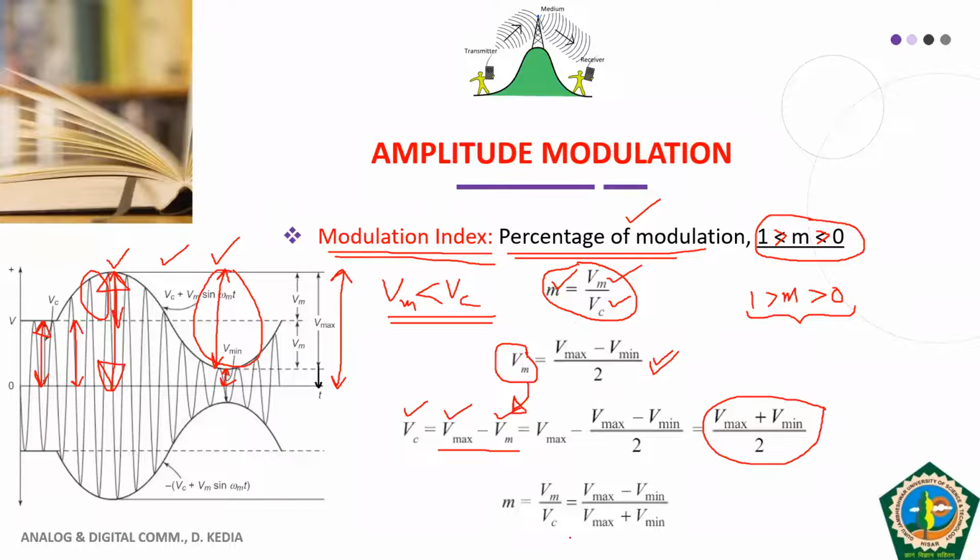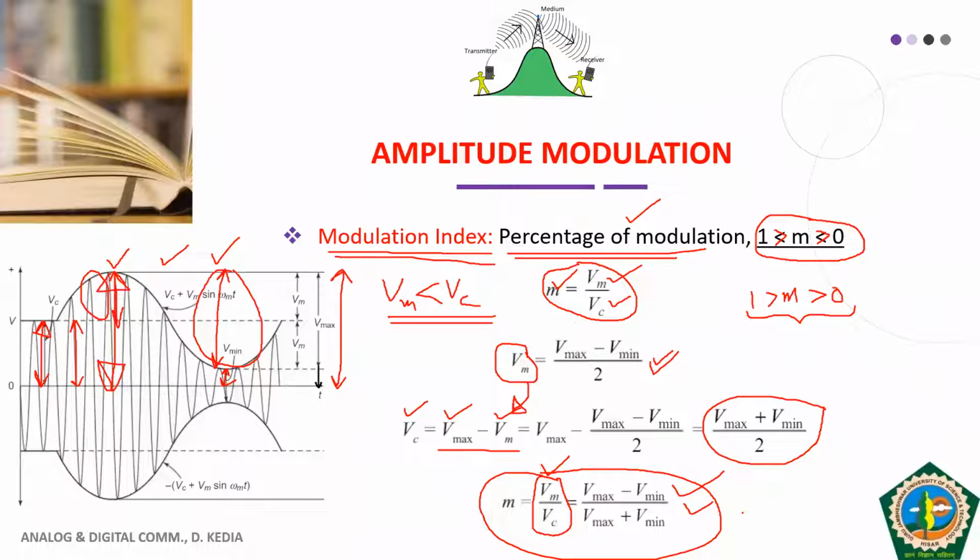If you divide the two, you get the modulation index formula as (Vmax minus Vmin) by (Vmax plus Vmin). Both these expressions are important, though the primary expression, modulation index equal to Vm by Vc, is the one you have to memorize. The other formula tells us the maximum and minimum values of the envelope.